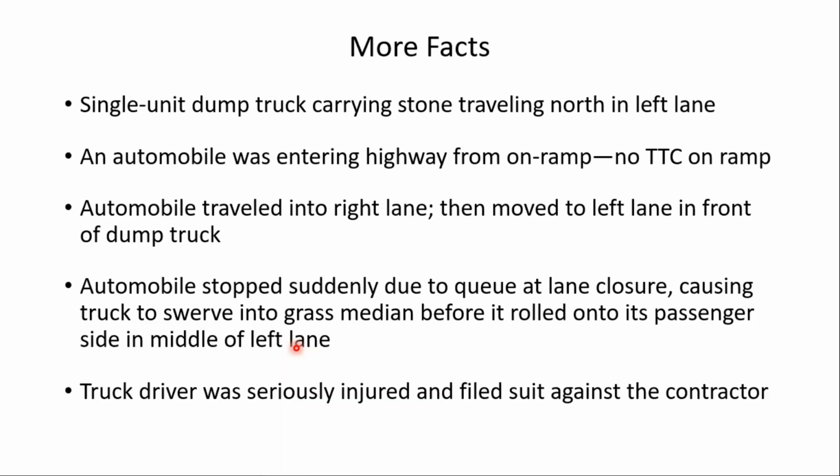He testified in deposition that there was no temporary traffic control on the ramp to indicate that there was construction on the main line of the roadway. His testimony was confirmed by the investigating state police officer, who also said there was no temporary traffic control on the ramp.